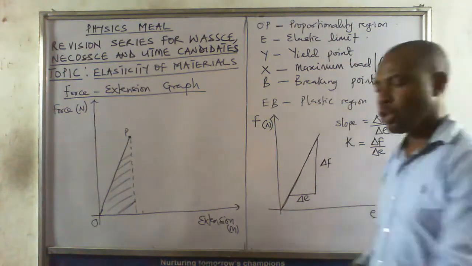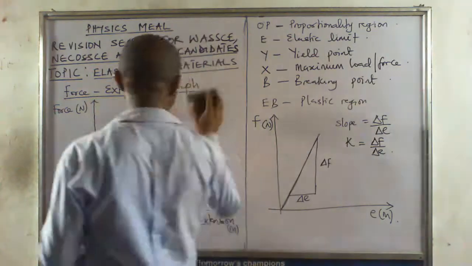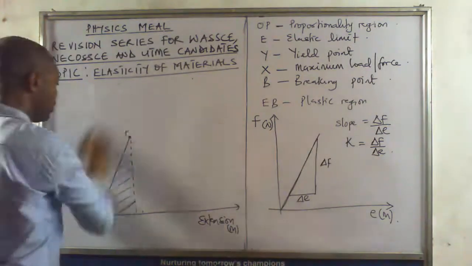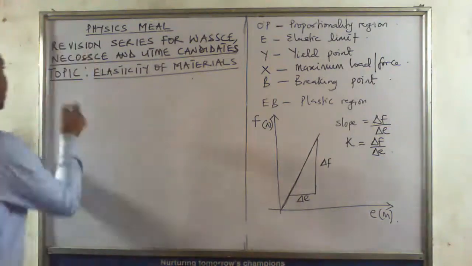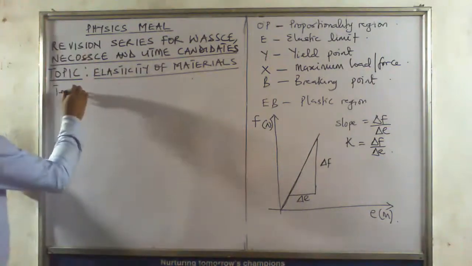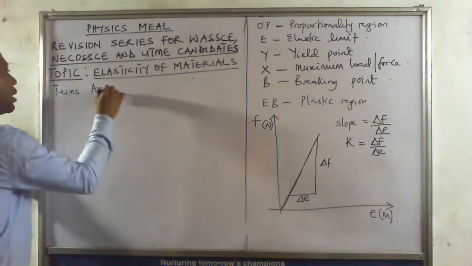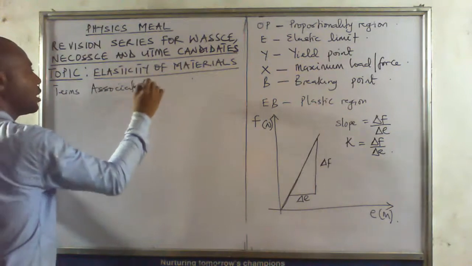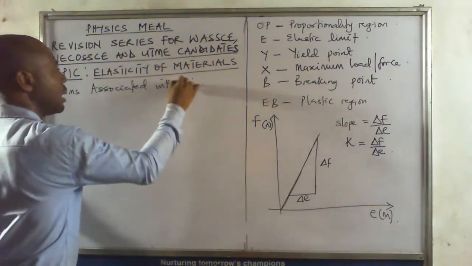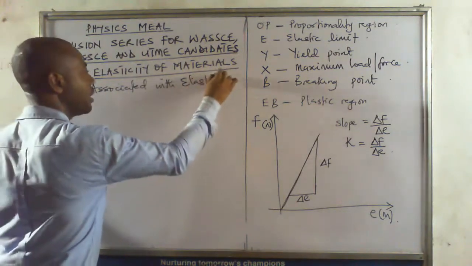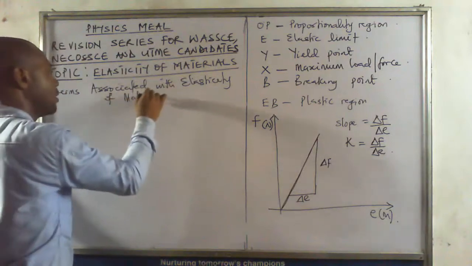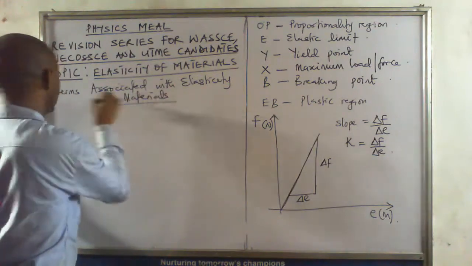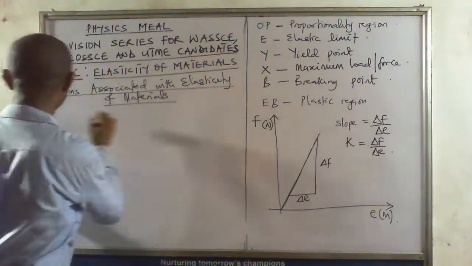All right, let's draw a few more terms that we need to take note of. Terms associated with elasticity of materials. We have a few terms that we're going to draw.